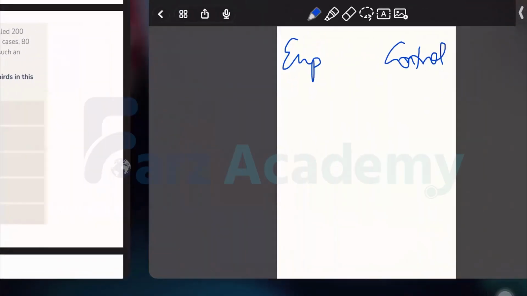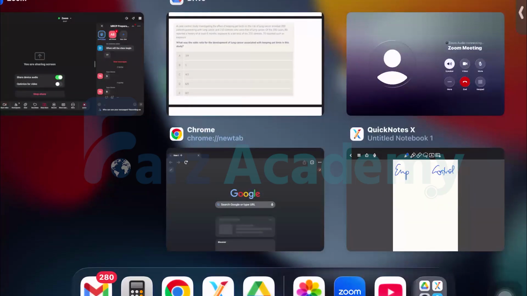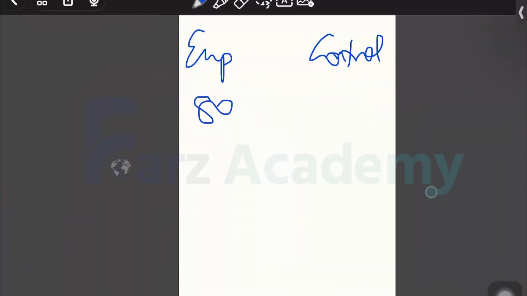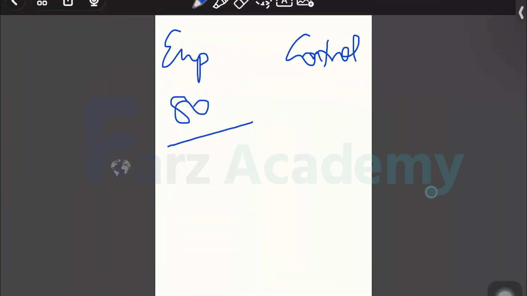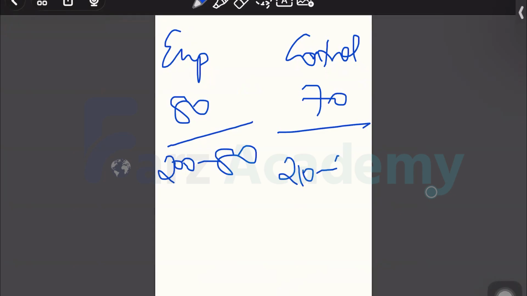So odds in the exposed group and odds in the control group. So the event was in the bird exposure group, I think 80 was reporting positive. Yes. So 80 upon the total minus 80, that means 200 minus 80. And in the control, it was 70 upon 210 minus 70.